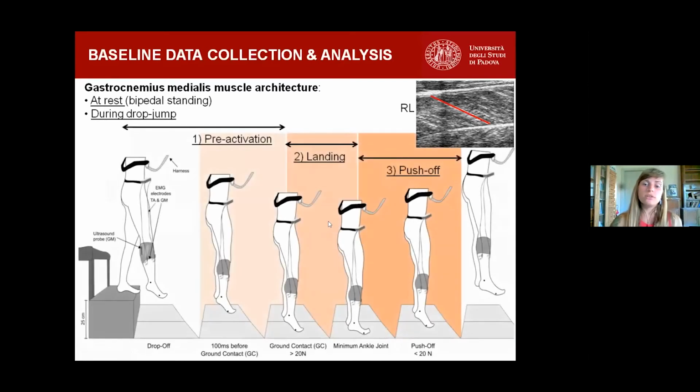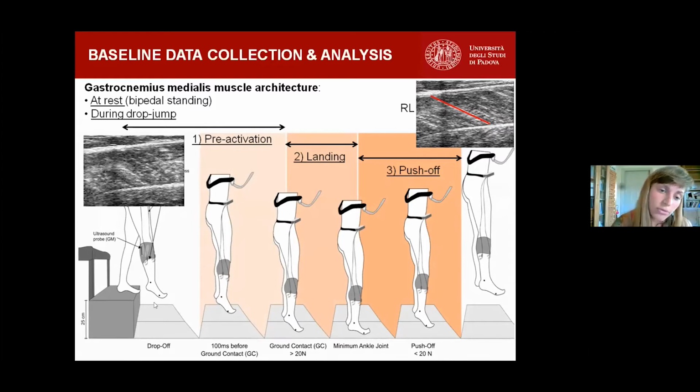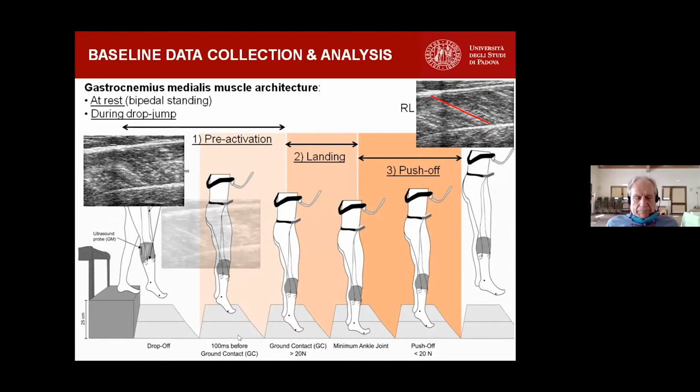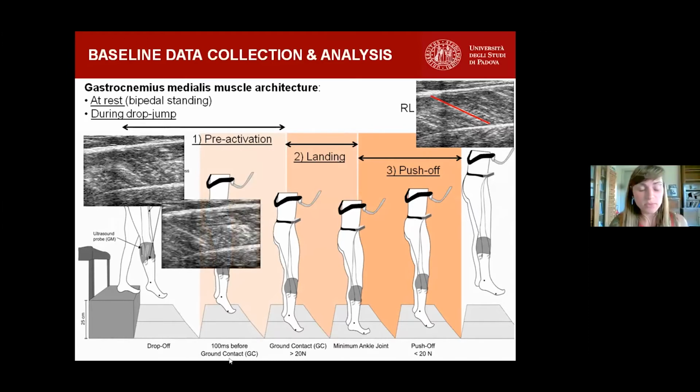We considered for the analysis 5 different jump time moments. The first was the drop-off, that is the moment before the subject started to fall, while having his leg fully raised. Then 100 milliseconds before ground contact, so during the pre-activation phase.